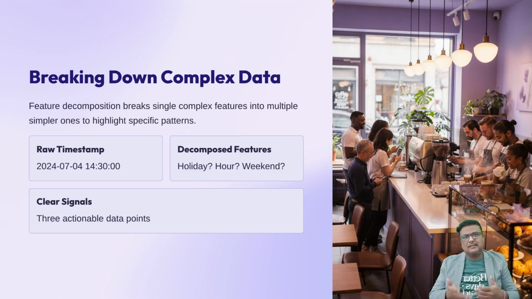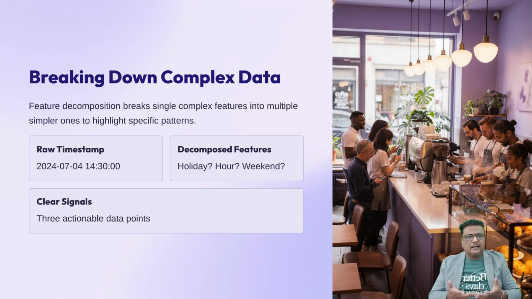You might have seen this at work with timestamps. A system might record July 4th, 2024, 14 hours, 30 minutes, and 0 seconds. To a computer, that's just a long string of characters. But we can decompose that into: is it a holiday? Yes, July 4th. What hour is it? 2 p.m. And is it a weekend?